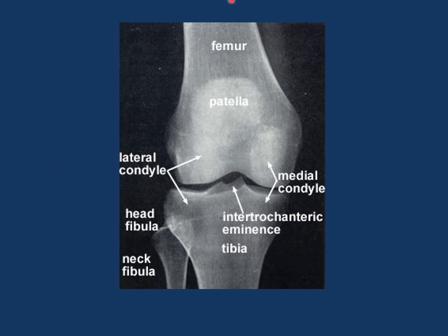So here is an example of the knee joint, and you see that the patella superimposes on the femur. So this view is not good to interpret for patellar fractures. And here we can see the intertrochanteric eminence, the lateral condyle, and the medial condyles of the distal femur.